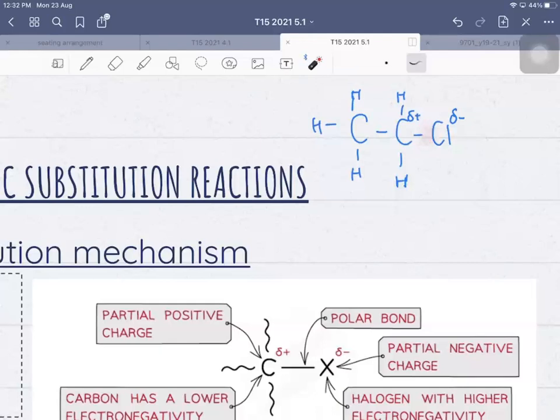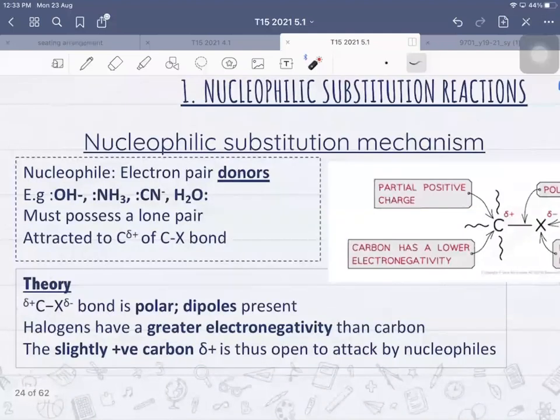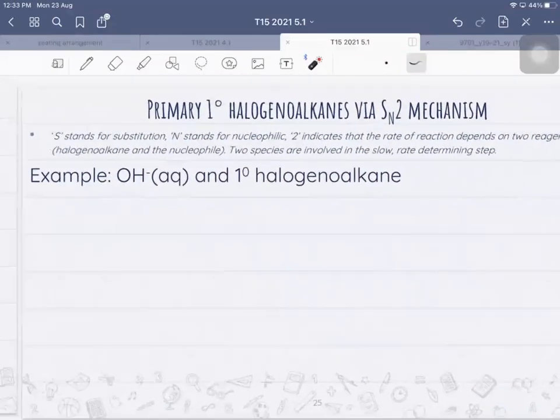So you just think about it as something that is electron rich, something that is negative, attracted to something that is positive. In this case, it's the carbon. Okay, so halogens have a greater electronegativity than carbon, and the slightly positive carbon is thus open to attack by nucleophiles. Okay, so I will show you the mechanism first, and then I will let you copy down.